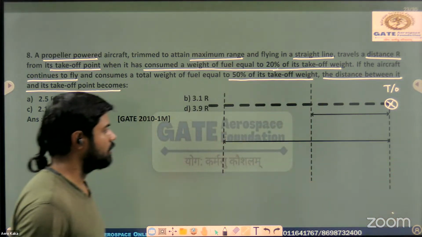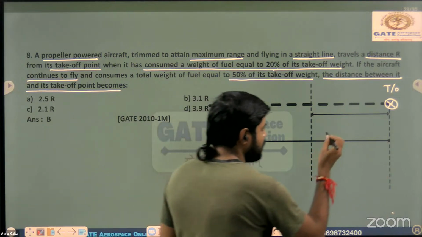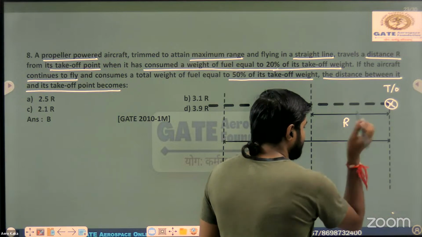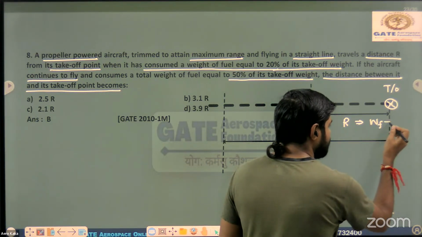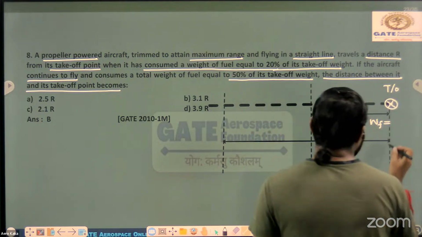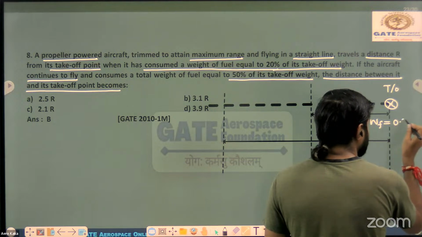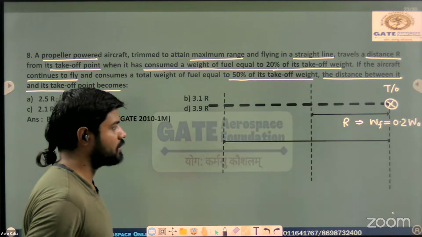Now try to understand this question. They are saying when this is capital R, the weight of fuel consumed is 20% of its takeoff weight, so 0.2 times its W naught. Is that clear? Check please.